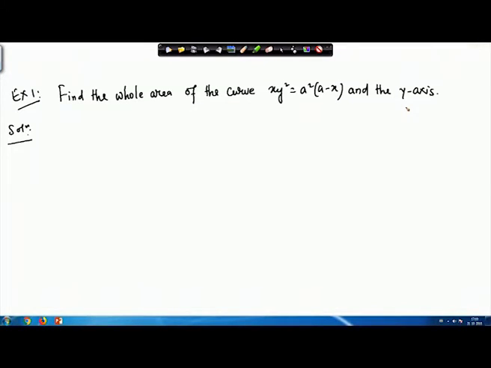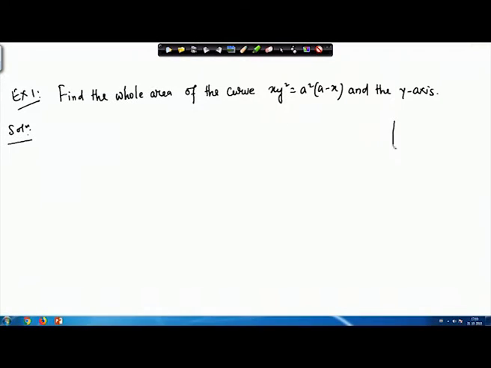So this curve would more or less look something of this type. This is x axis, and this is y axis, and then it would look somewhat like this.